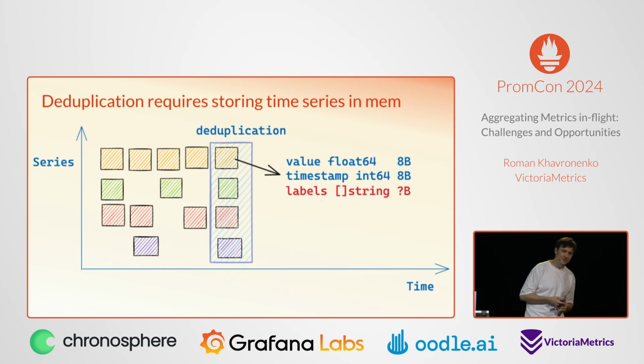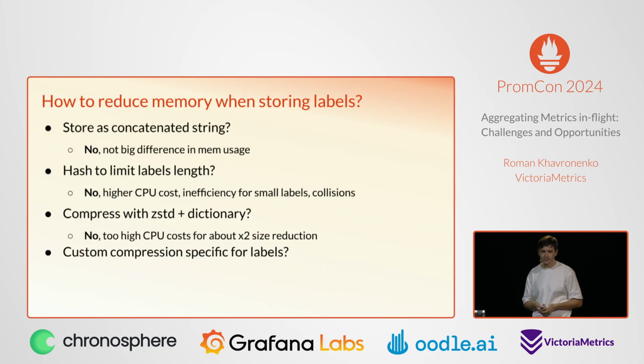But labels are unbounded, and on average, from Kubernetes targets, you scrape about 25, 30 labels per series, and those labels can have arbitrary lengths of values, and you will have to store everything in memory, because otherwise you won't be able to distinguish between unique series. So storing labels in memory results in memory problems when you scrape targets with a big number of unique time series.